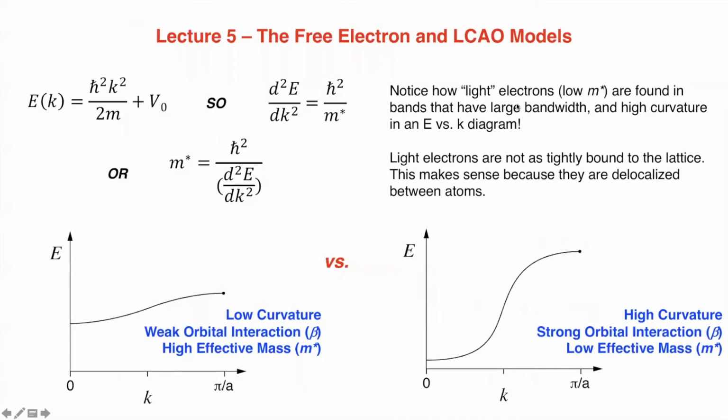We spent time talking about how curvature in those diagrams relates to the effective mass, and how effective mass is a free electron picture sort of terminology, but it tells you about how easily the electrons move between the atoms. It tells you if they are really localized on the lattice or if they can delocalize between the atoms.